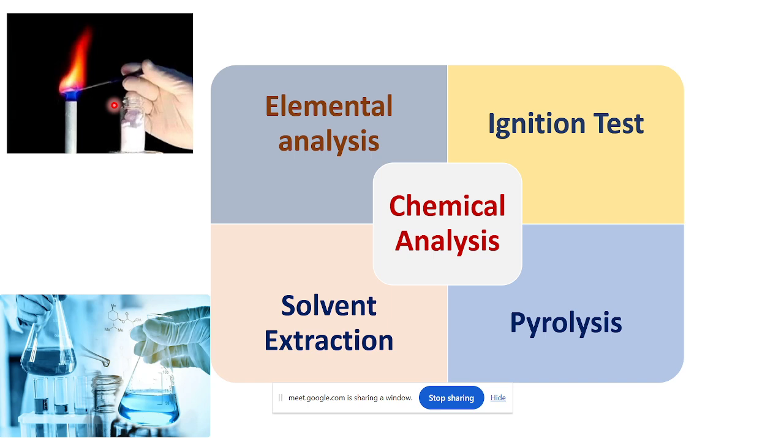You put some material on the platinum wire. This is called the flame test, and you put the platinum wire in a flame. If the material has some different element, it will show a specific color. For example, if sodium is present in your material, it may show a golden yellow flame. From there, you can say, okay, there may be presence of sodium.